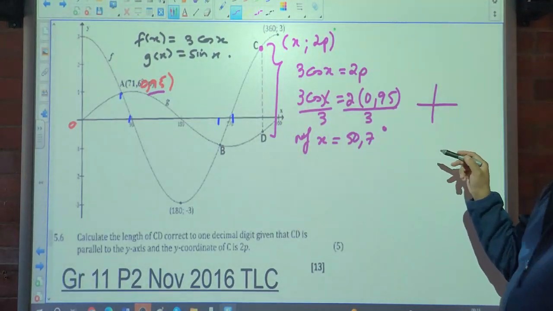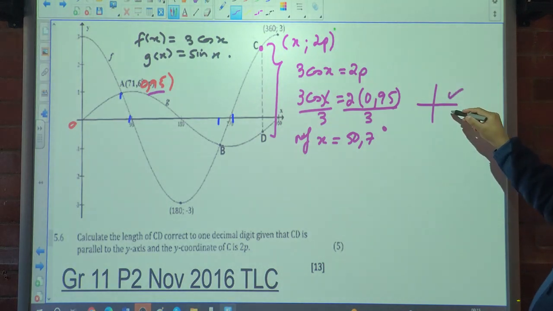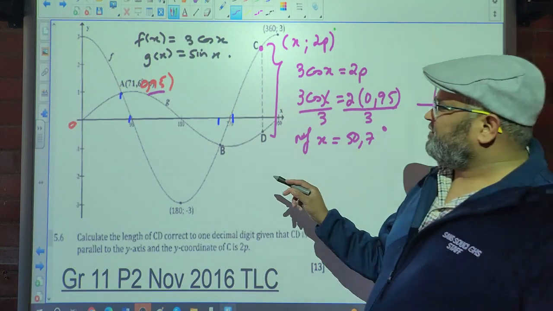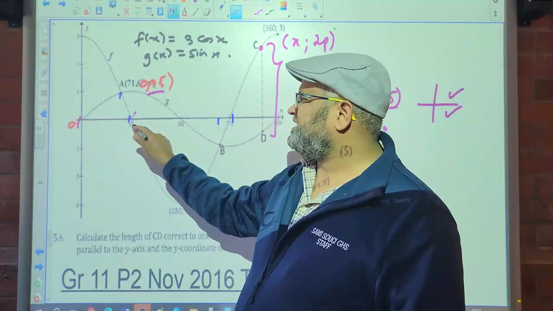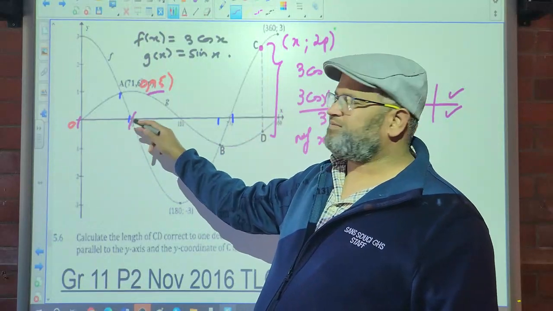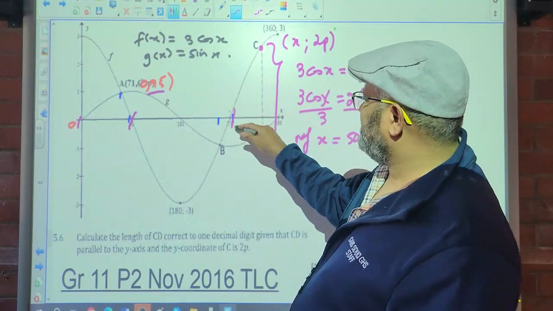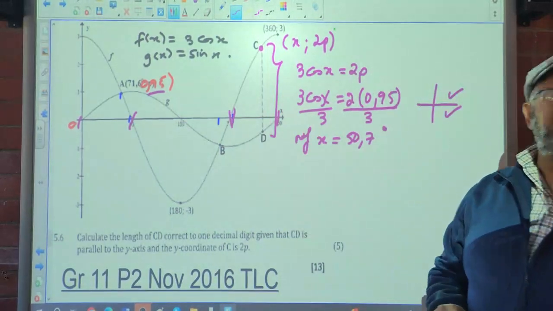At which point is cos positive? Quadrant 1 and 4. But could it then be, is point C between 0 and 90, which is quadrant 1? No. It's actually between 270 and 360. Can you see that, people?